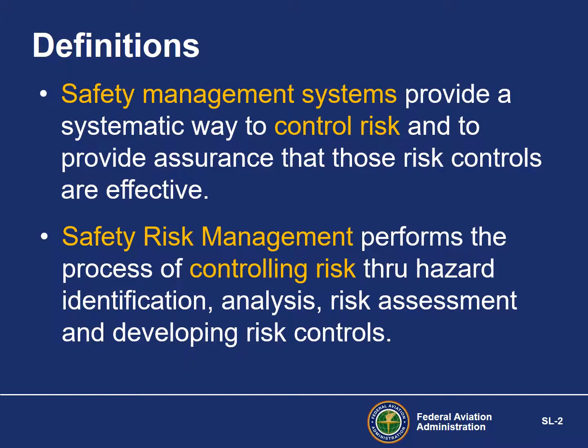And finally, unacceptable risks are mitigated through the implementation of risk controls. Each organization must define its own acceptable levels of risk and what levels of management are authorized to accept various degrees of risk. Safety assurance, that's where the whole operation is then monitored for the effectiveness of the controls and for the appearance of new hazards.